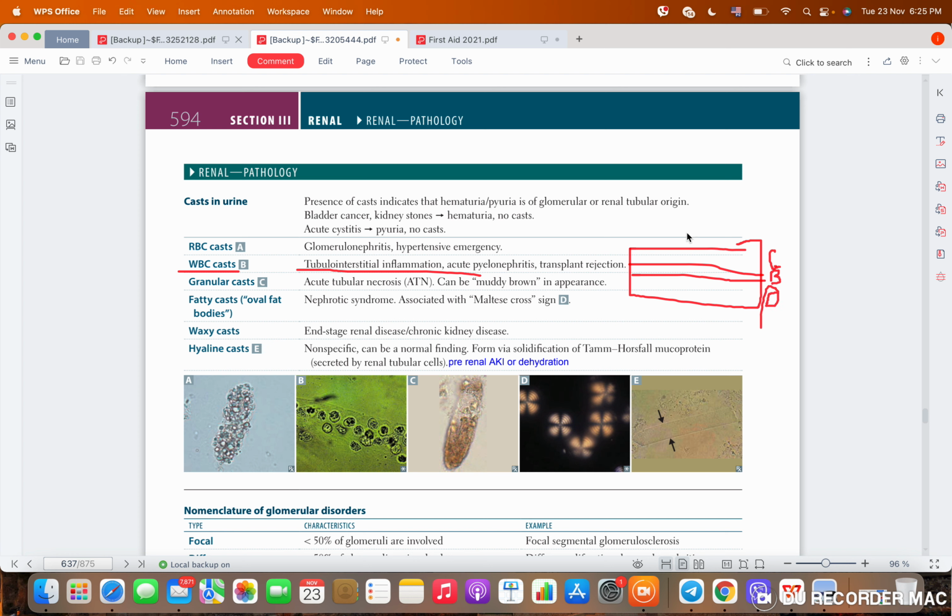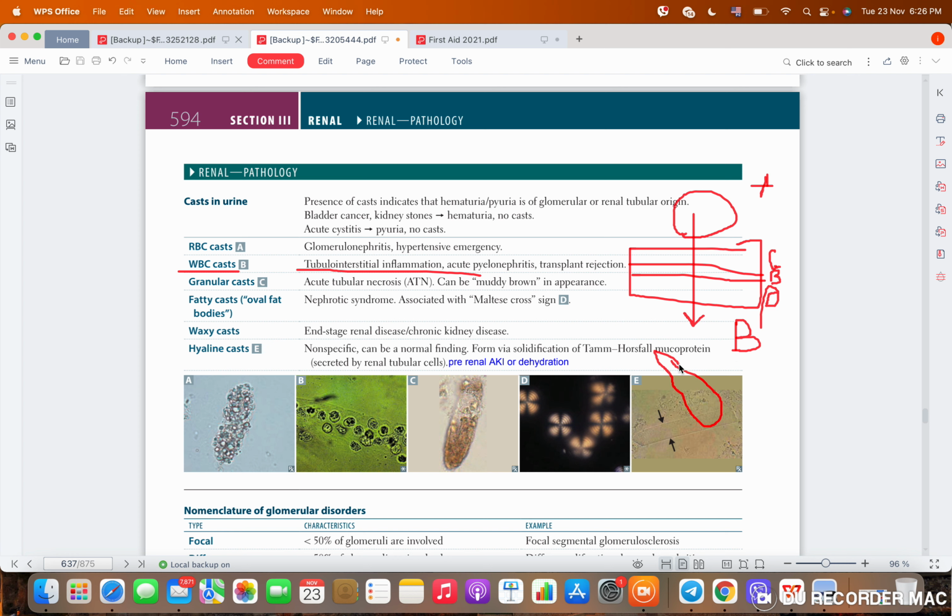So if there is an RBC here, and you want to pass it to this area from point A to point B, is it going to be intact when it reaches point B, or is this RBC going to be dysmorphic, like change its structure? It's going to change the structure a little bit, yeah? It's going to look weird, something like this.